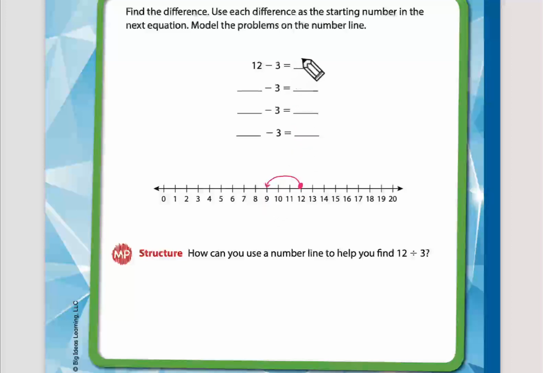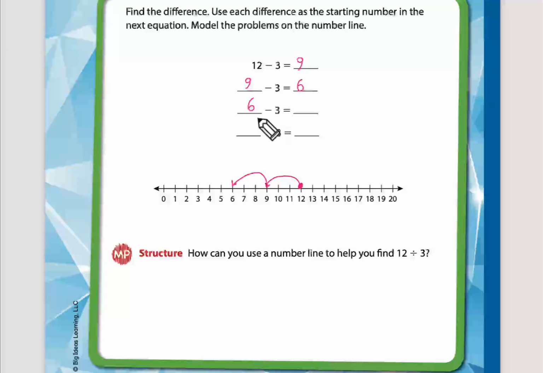So we write here 9 and take the 9 as the starting number in the next equation. 9 minus 3 equals, let's do it on the number line. Okay, equals 6. Okay. Now take the 6 to the next equation as the starting number.